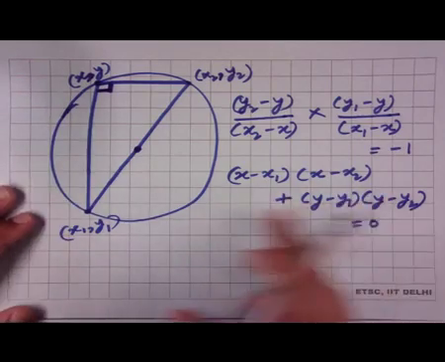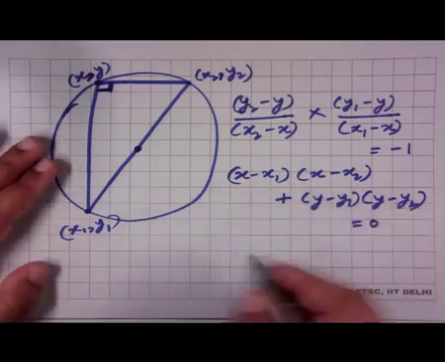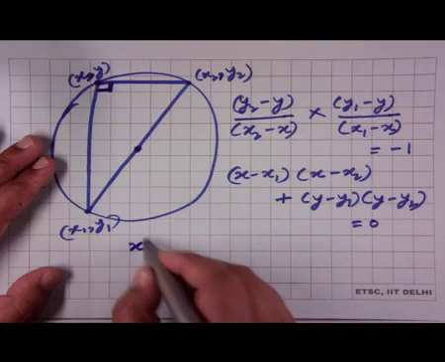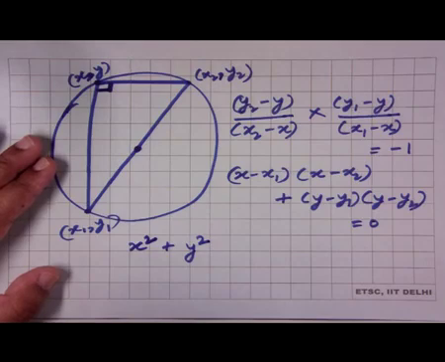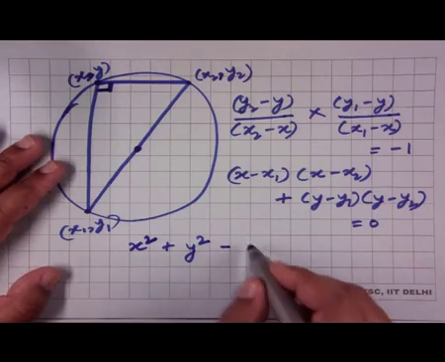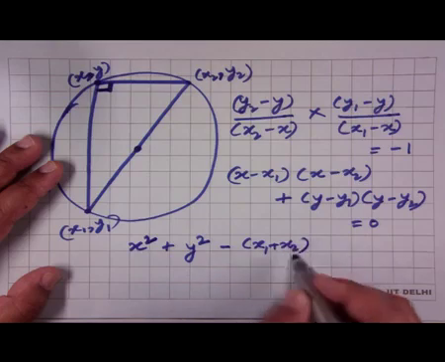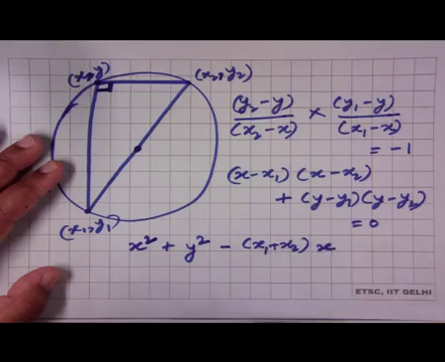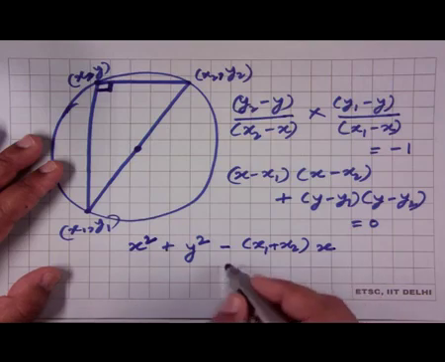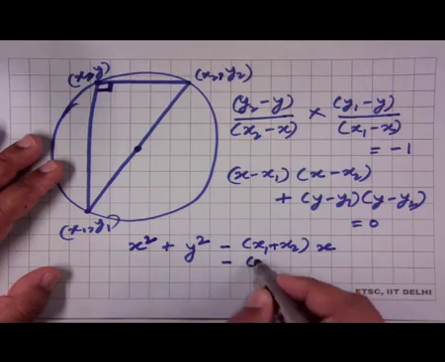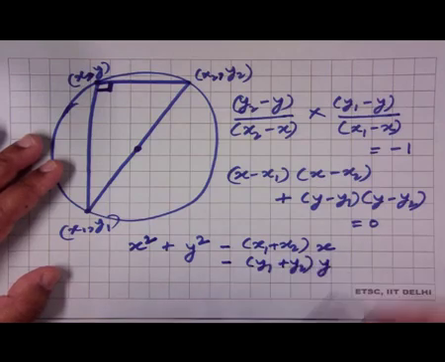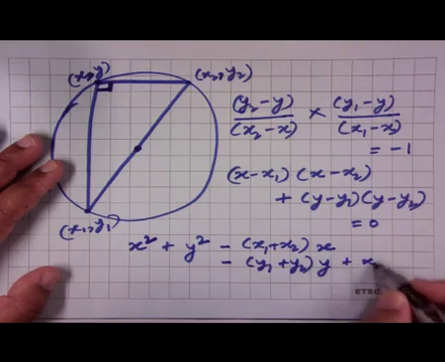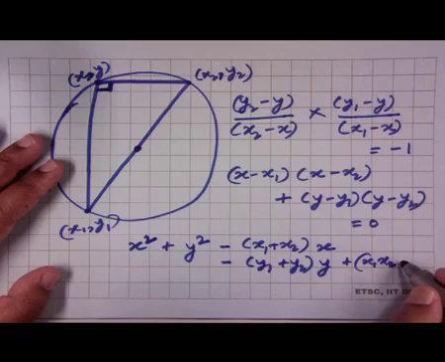If we expand this further, we get this equation: x square plus y square minus (x1 plus x2) times x minus (y1 plus y2) times y plus x1 x2 plus y1 y2 equals 0.